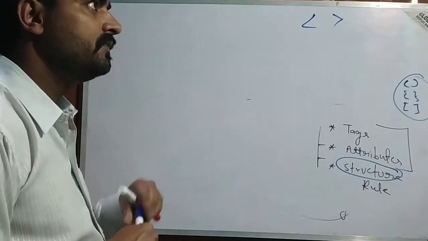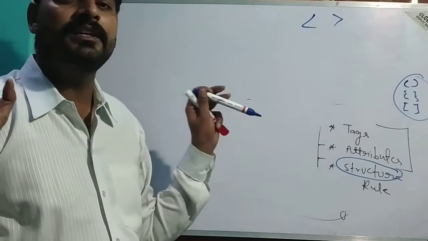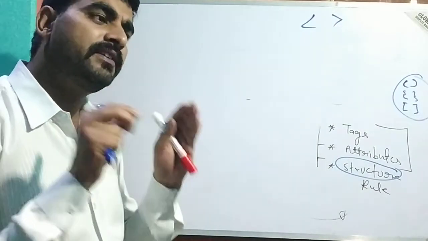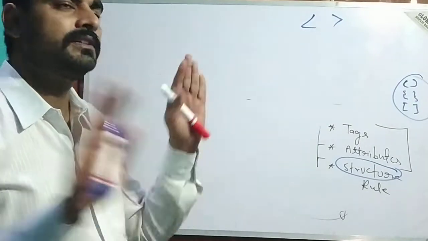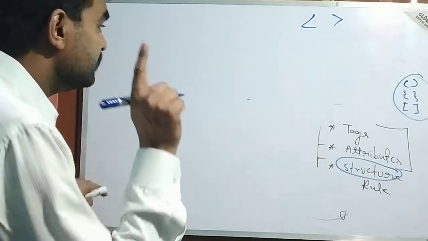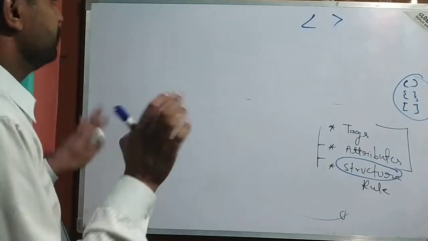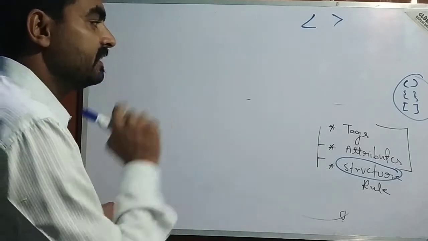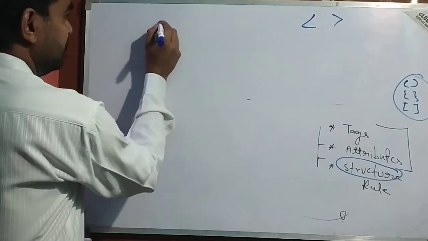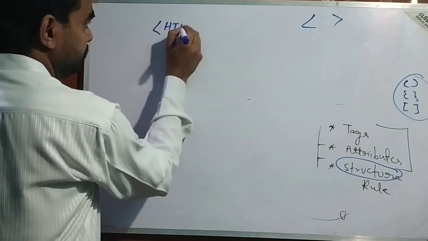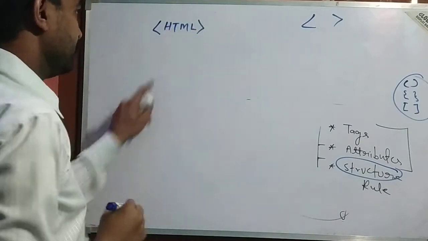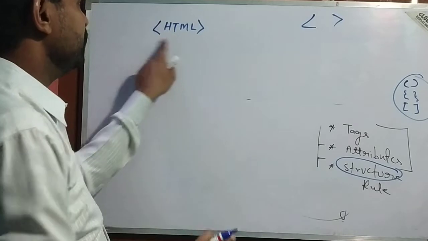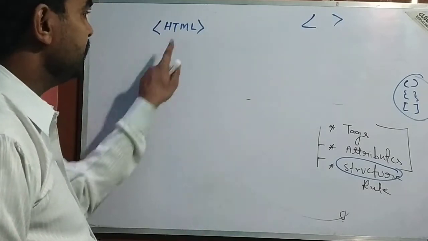Student, the first tag of each and every web page created in HTML, any website, any web page in the whole world, the coding is the same for all web pages created in HTML, and the code is HTML. You can see HTML is in angle brackets, so we can say it is the HTML tag.